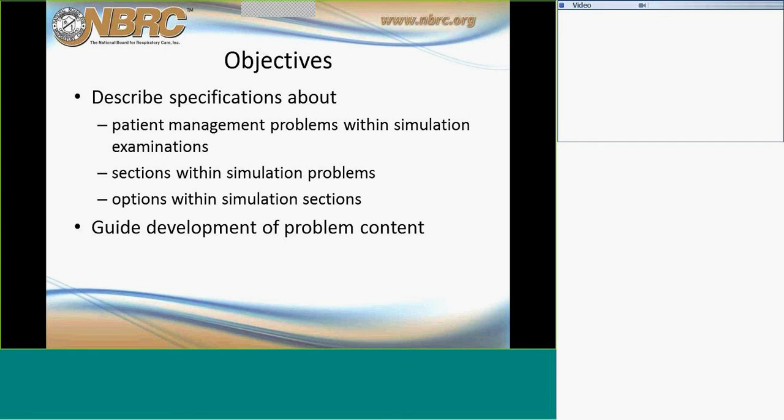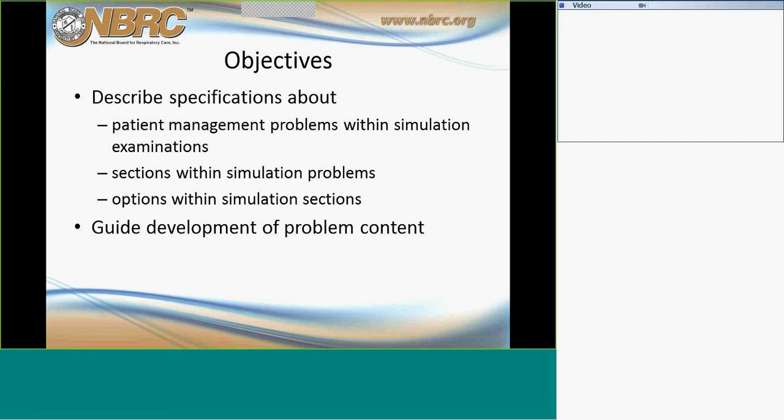The simulation examination more generally is referred to as patient management problems, which are intended to simulate what happens when a respiratory therapist encounters a patient or patients throughout his or her typical day. And so we'll talk about the specifications regarding the whole problems.